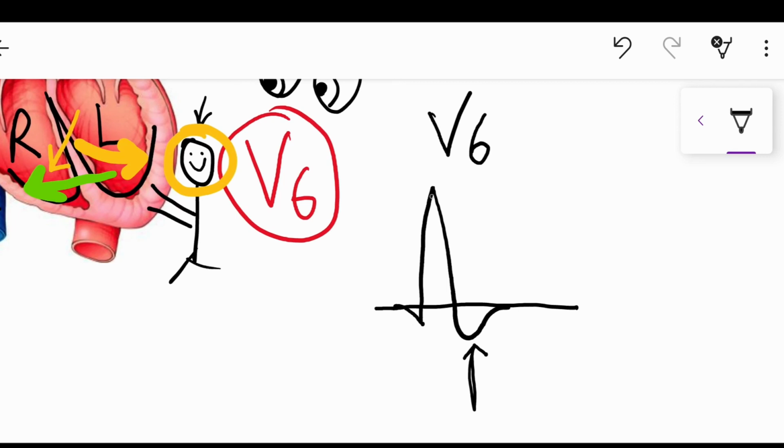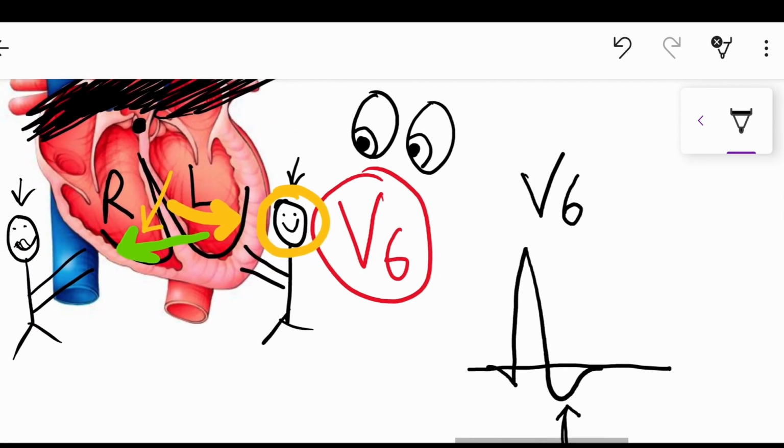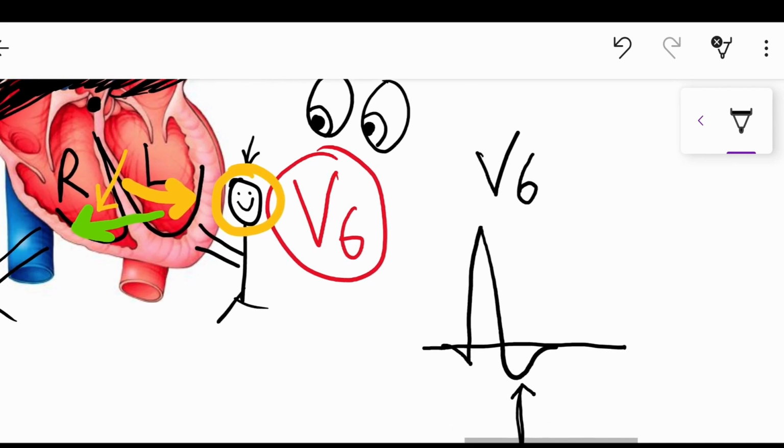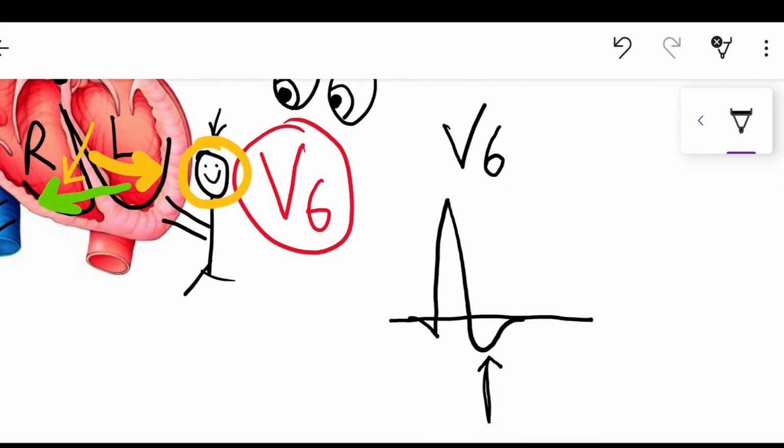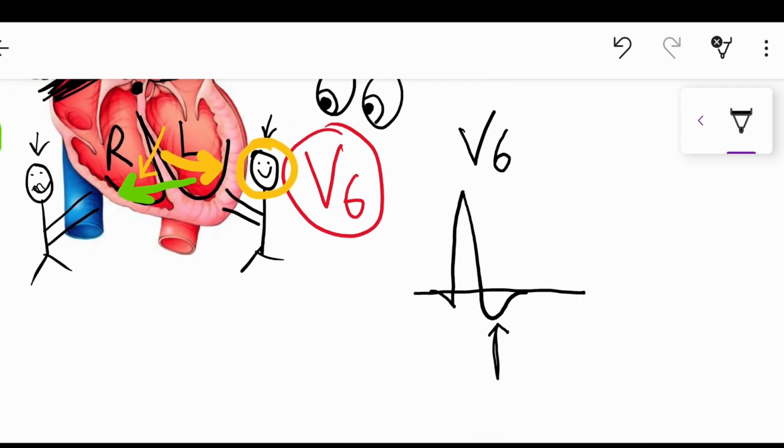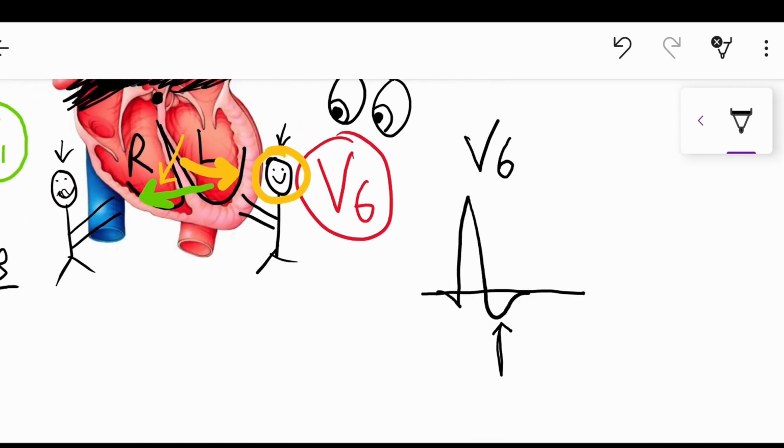You get the large increase, positive wave deflection as the wave moves towards the online V6, goes back towards the right, okay, and there's an overshoot. You don't need to know why there's an overshoot, just know there is, and then you get this depression here.